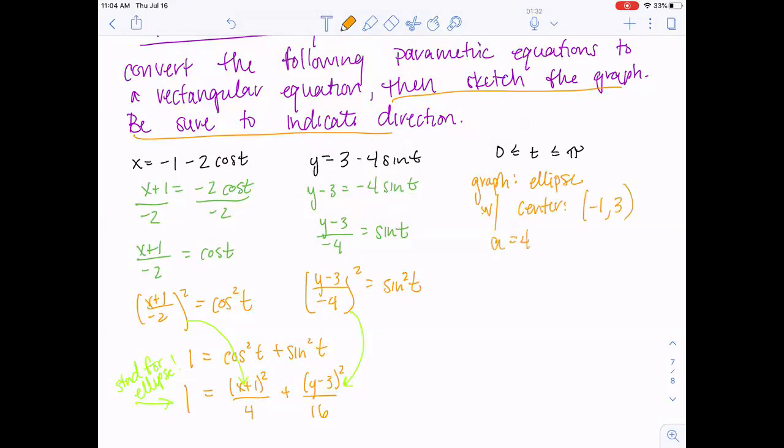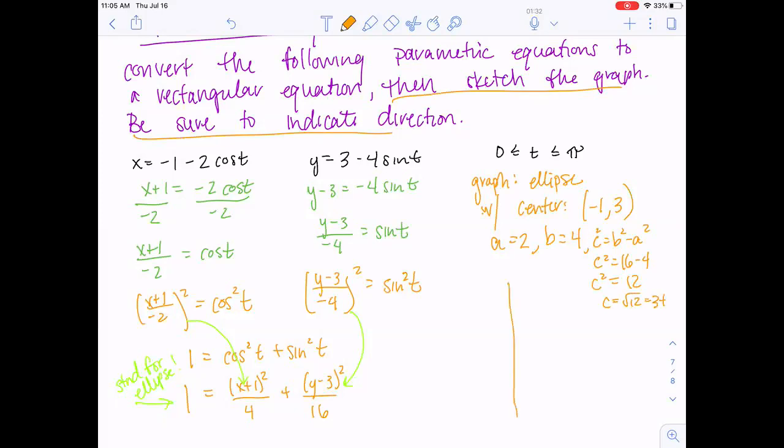A squared is 4, so a is 2, and b is 4. Then c squared would be b squared minus a squared, so 16 minus 4, which is 12. So c is √12, which is 3 and some.